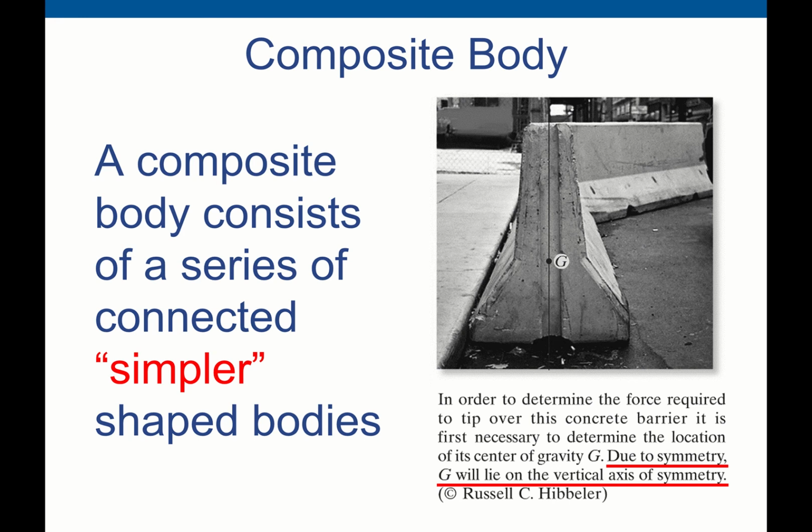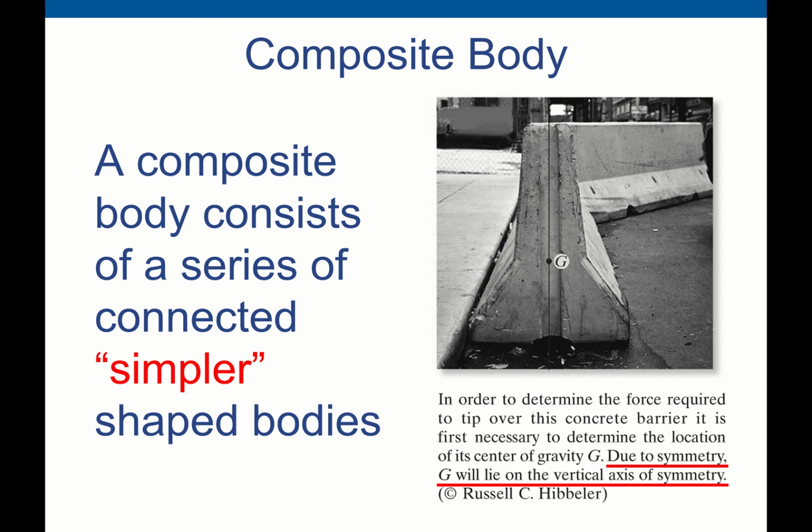Here, if you look at the image on the right-hand side, you can see wall barriers. These are very symmetric, the left side and the right-hand side relative to the middle. So you may notice that the center of gravity or center of mass of this barrier will be in the middle, in the center.